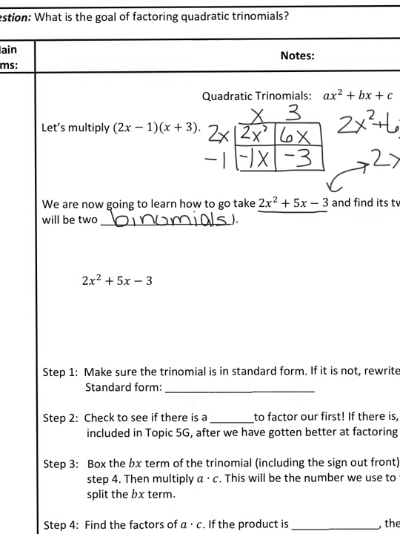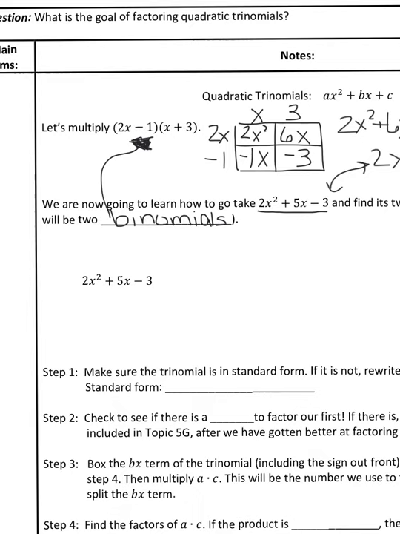If we look up here, these two are binomials. 2x minus 1 times x plus 3, those were two binomials. We multiplied them together to get 2x squared plus 5x minus 3.